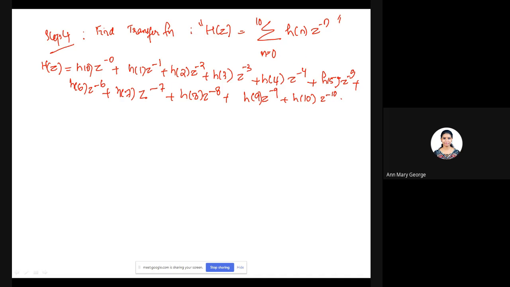And finally we can convert these values by using the symmetric condition.